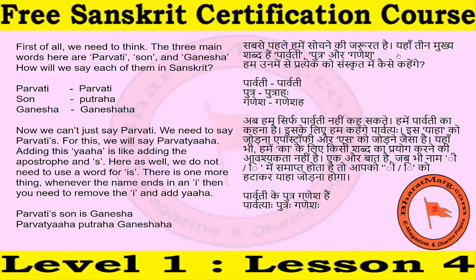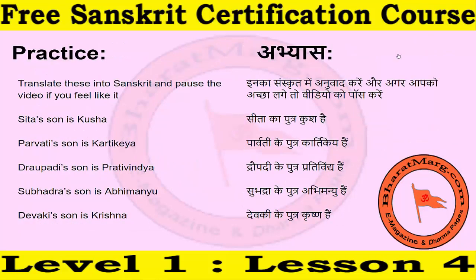But Parvati is a female name that ends with I, so we say Parvatyaha Putraha Ganeshaha. Sita's son is Kusha. Here there is no I, so there is no change.